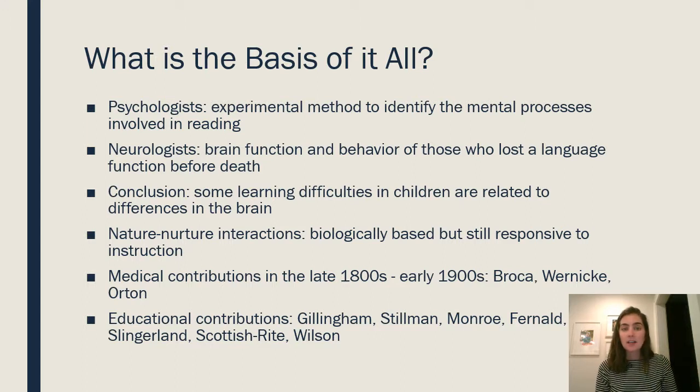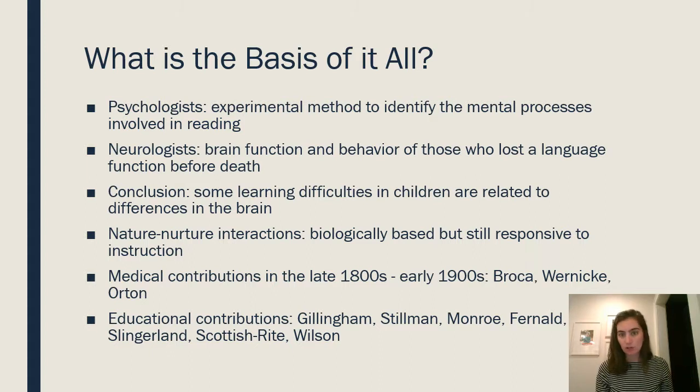And the educational psychologists were also seeing that it wasn't necessarily a behavioral thing, why some students were struggling to read, but they were starting to think that it was more connected to a mental process that was going on. So the conclusion at the time was that some learning difficulties in children are related to differences in the brain.